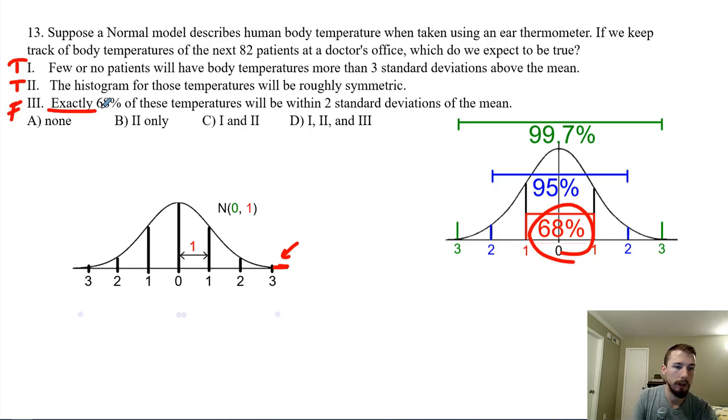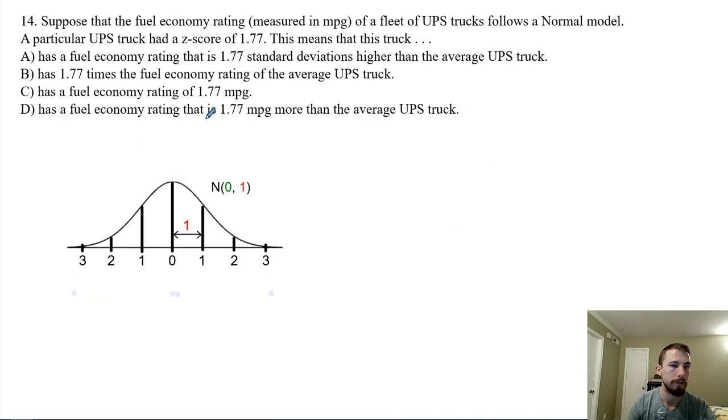If they said roughly 68% of the temperatures would be within 2 standard deviations from the mean, that actually should say 1, because 68% would be 1 standard deviation. 95% would be within 2 standard deviations, so that was wrong anyway, for multiple reasons. Okay, so the answer is C, as in Charlie.